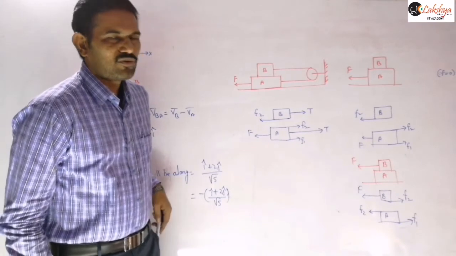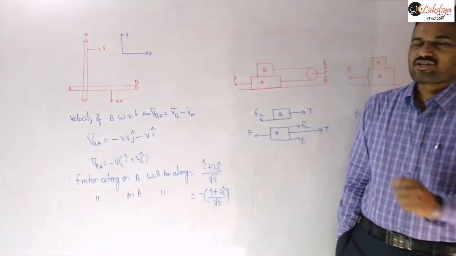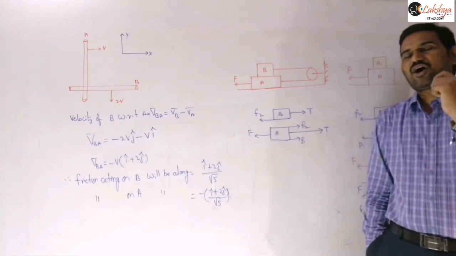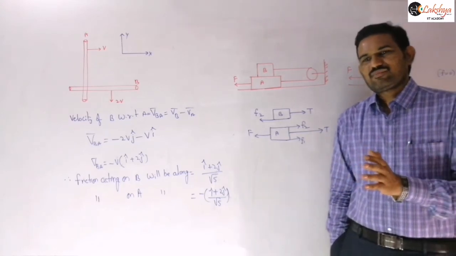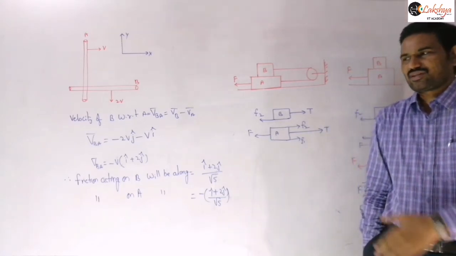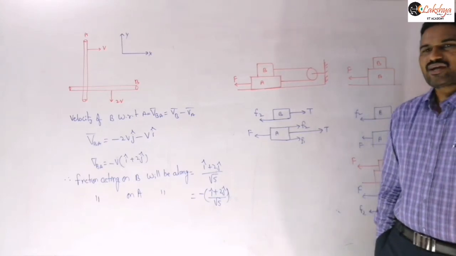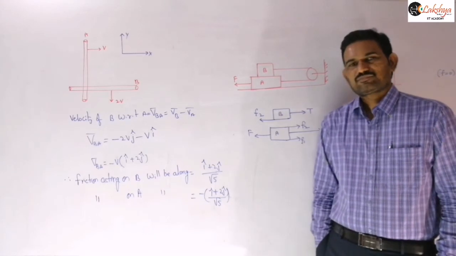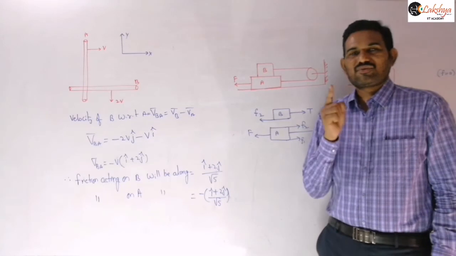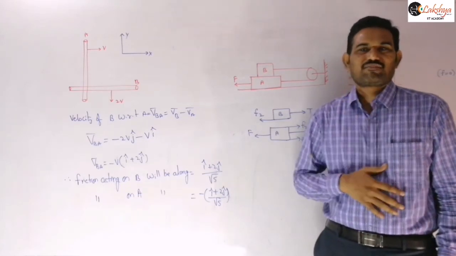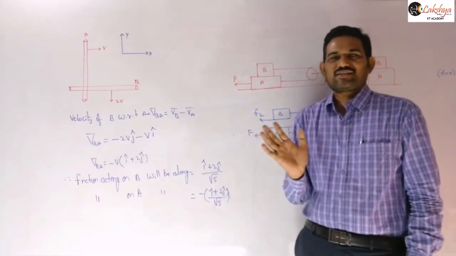The major problem in friction, as I said, is identifying the direction of the friction, and the next thing is identifying how much frictional force is acting. Once the body is in motion, the problem will be easy for us. You can easily identify the direction of the frictional force, and as we know the magnitude of the frictional force will be only mu k into N. But you should solve the problems very carefully when the system is at rest, because when the system is at rest, there is no other formula to calculate the static friction.